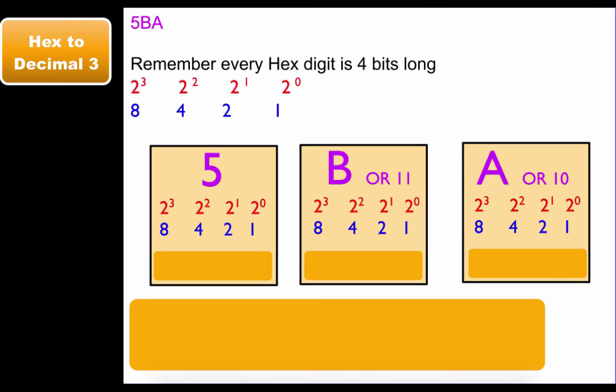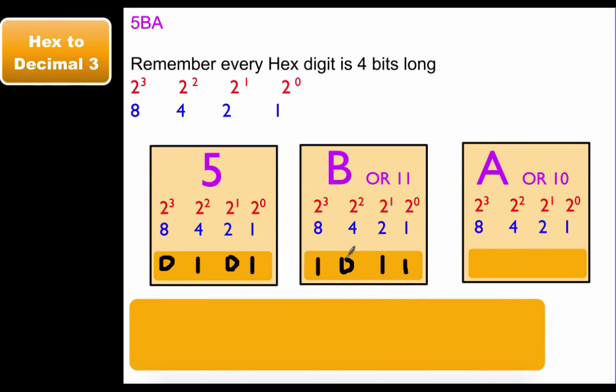5 in binary. Well, I don't need the 8, but I need the 4. I don't need the 2. I'll have the 1. 4 plus 1 is 5. So 0, 1, 0, 1 is 5. B is the same as saying 11. So we'll have 8, 9, 10, 11.